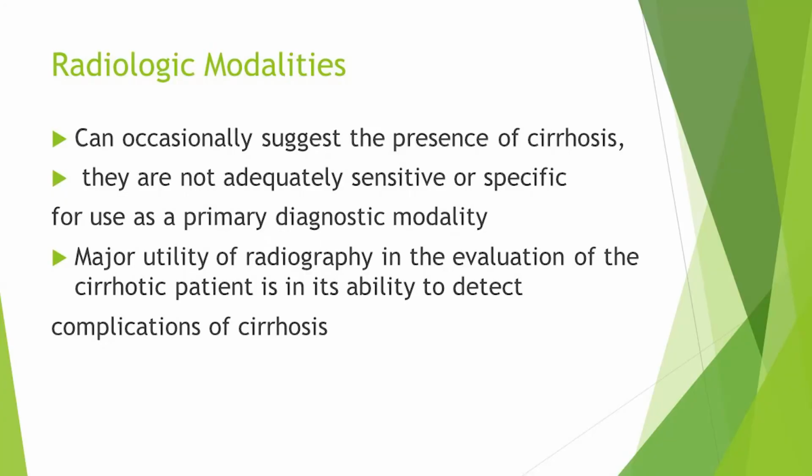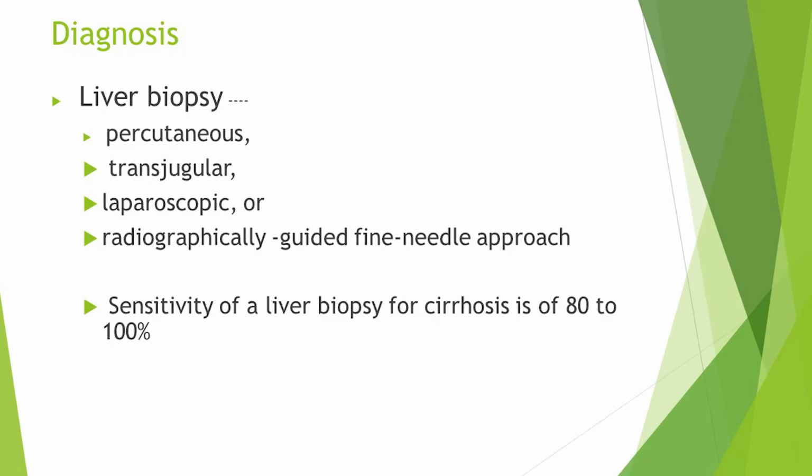X-ray and CT scan are not so important, but if you suspect that the patient may have a complication like hepatocellular carcinoma, you can do a CT scan and see whether hepatocellular carcinoma is present or not. Liver biopsy is still the gold standard for diagnosis of liver cirrhosis. What are the types of liver biopsy?